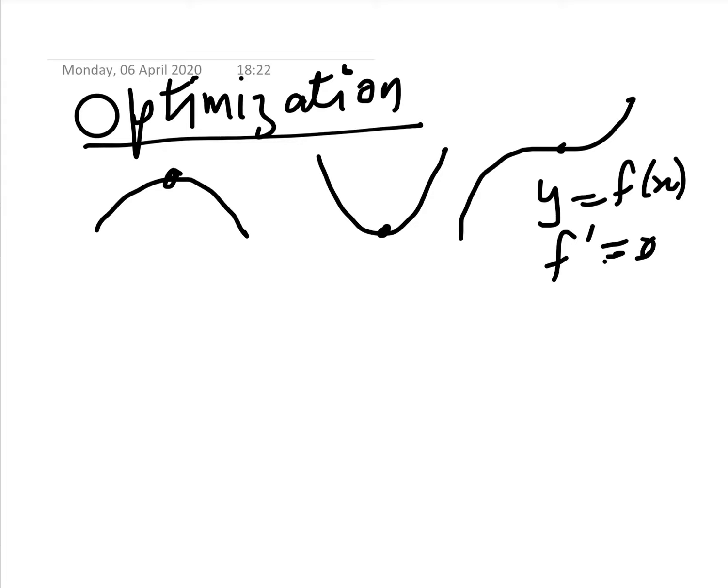Then, of course, the second derivative defined whether it was a maximum or a point of inflection. For example, if the first derivative was 0 and the second derivative was positive, we ended up with a point of a minimum.